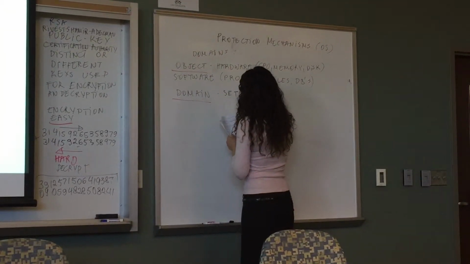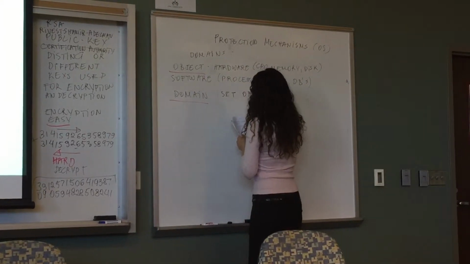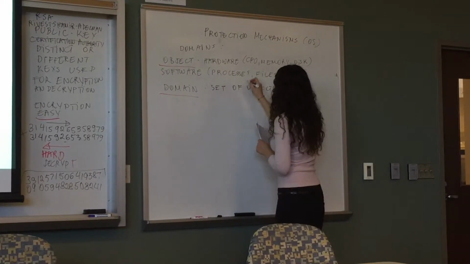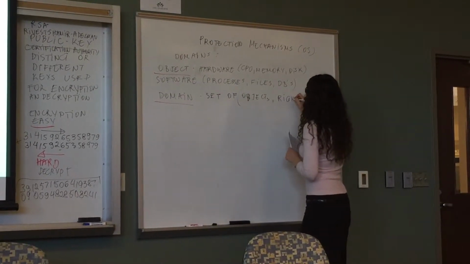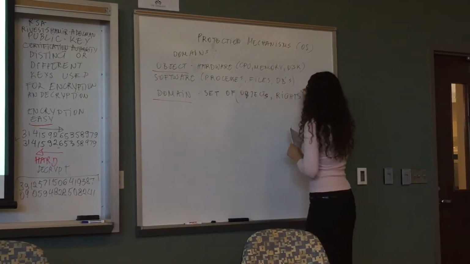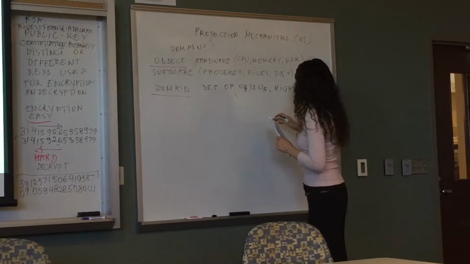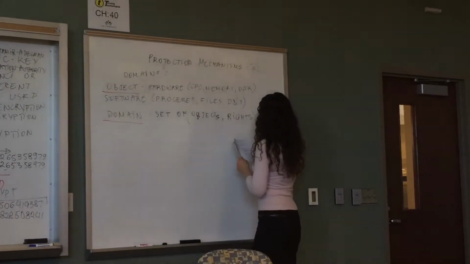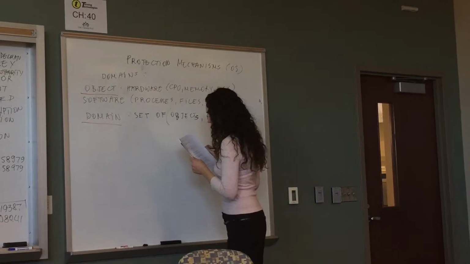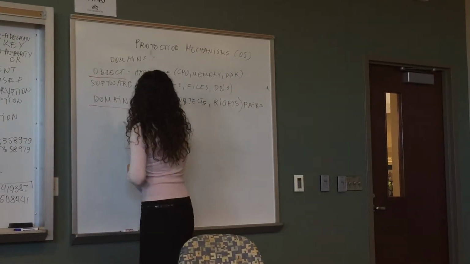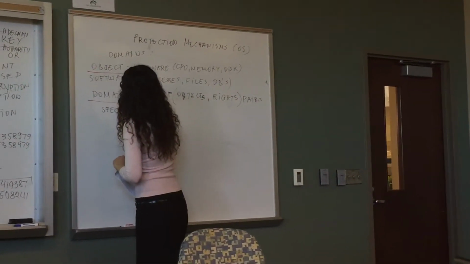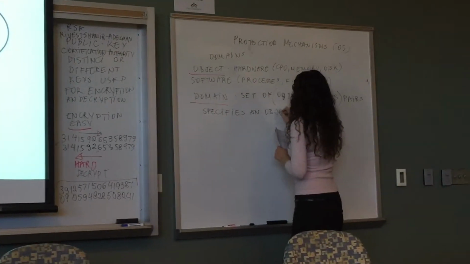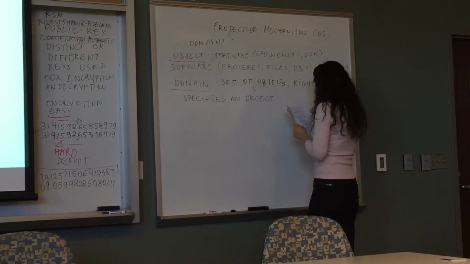So the domain will be a set of objects and the rights or permissions that we have for these objects. So it will specify an object and the operations which we are allowed to perform on this object.